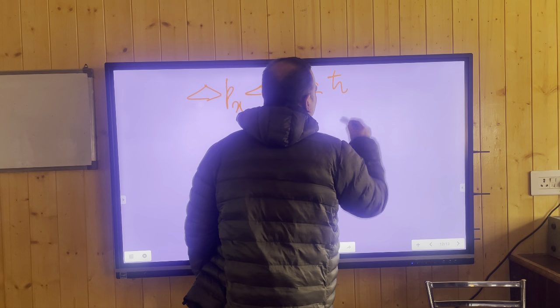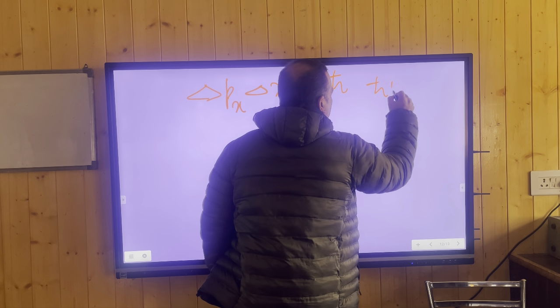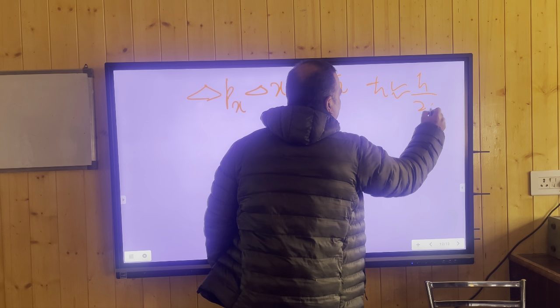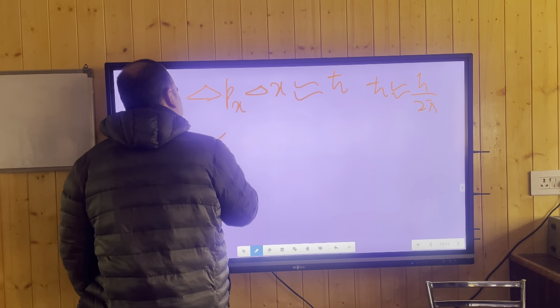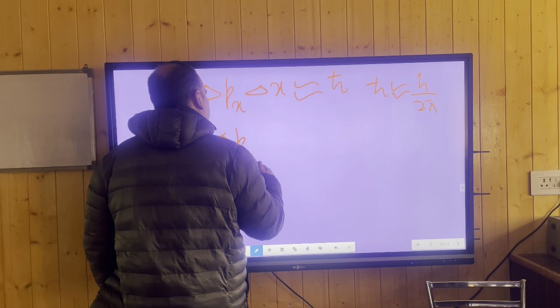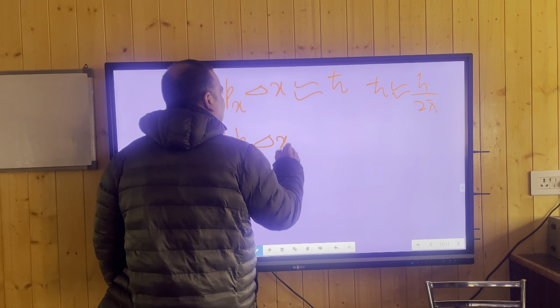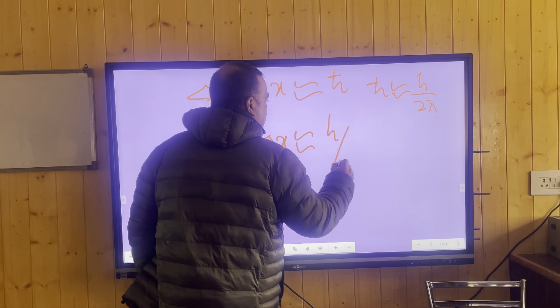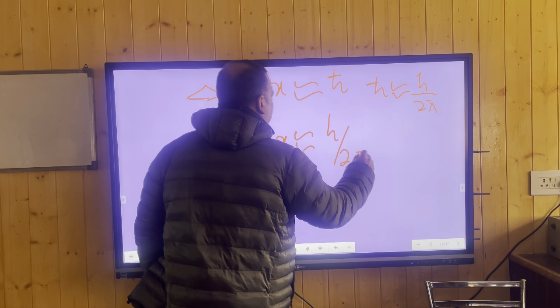And what is h bar? H bar is h by 2 pi. Okay, so this is the result that we were looking for using creation and annihilation operators, and this is nearly equal to h by 2 pi.